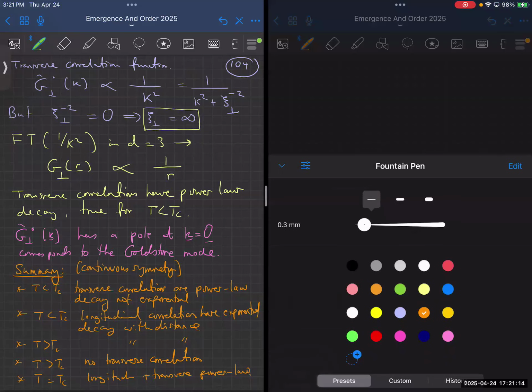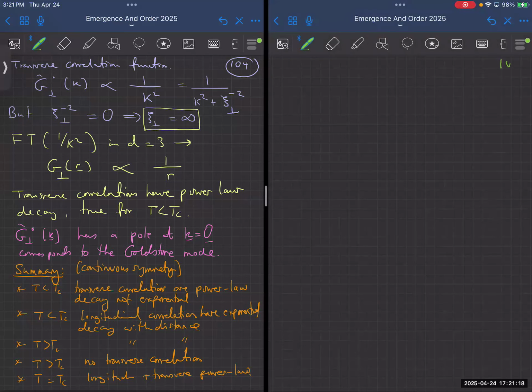I'm going to just say one more thing for those of you who've seen quantum field theory. Okay, so back to quantum field theory, which we talked about at the end of last time. In quantum field theory, we have a Feynman propagator in K space, which looks like 1 over K squared plus M squared.